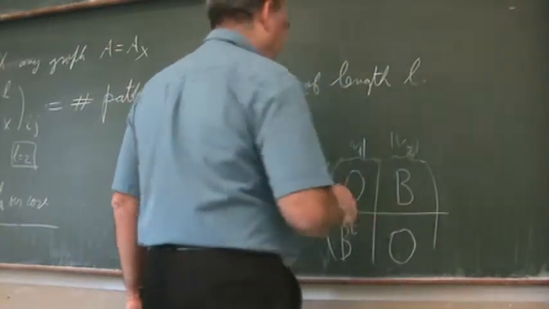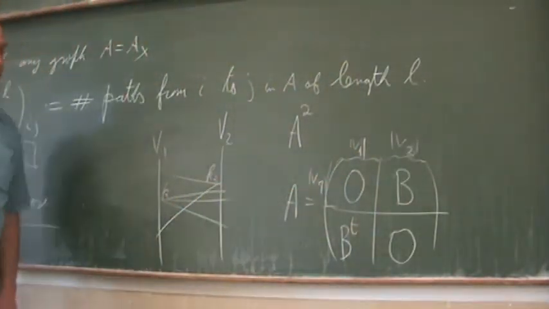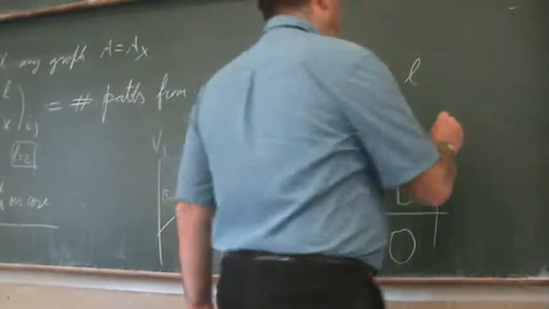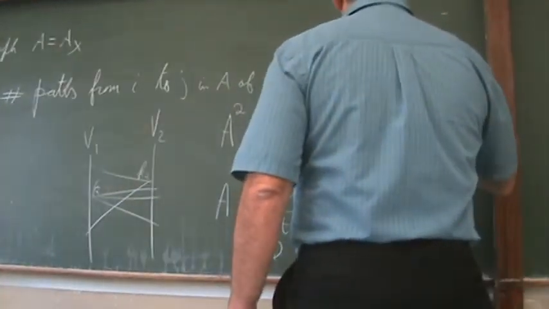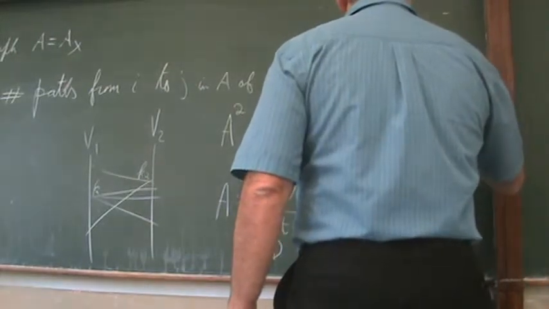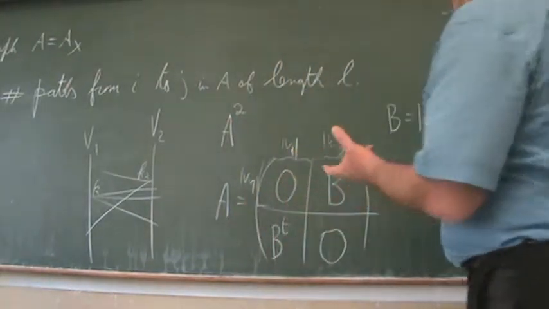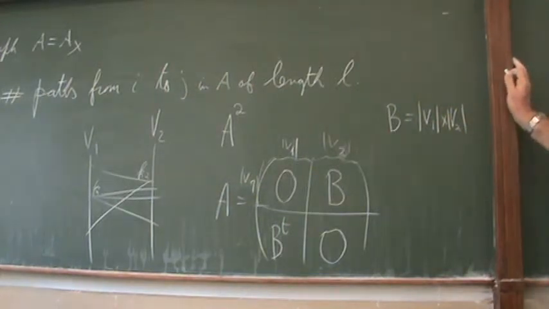There are no edges from V1 to V1. So B is a matrix of size V1 cross V2, and it tells you when you have an edge from I in V1 to J in V2. And B transpose, if you think about it for a second, is simply the transpose of it, which is on the other side.